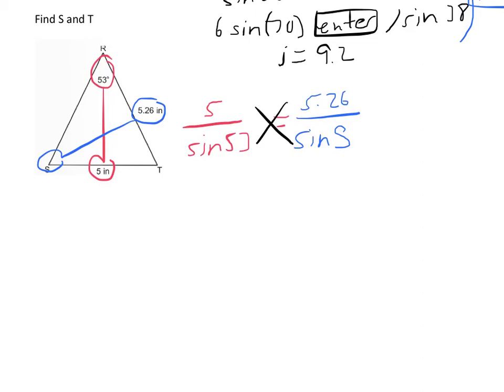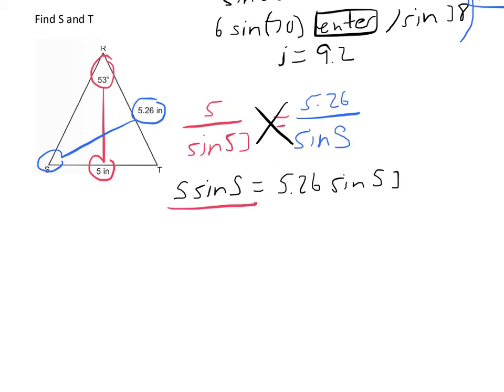Cross multiply, and we have 5 sine s equals, I'm going to write the number first, that's usually a little bit better to do, 5.26 times sine 53.